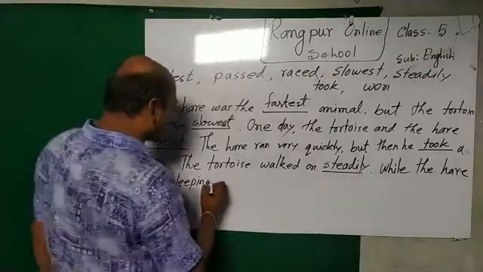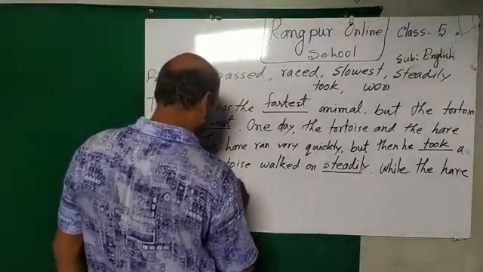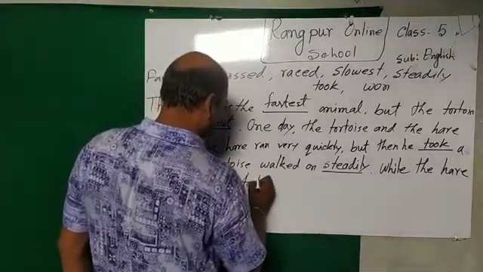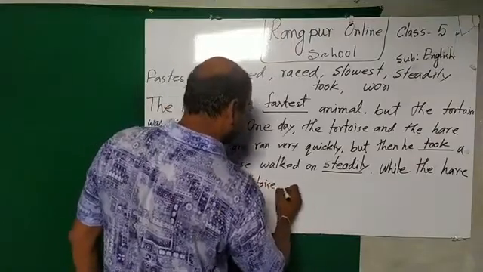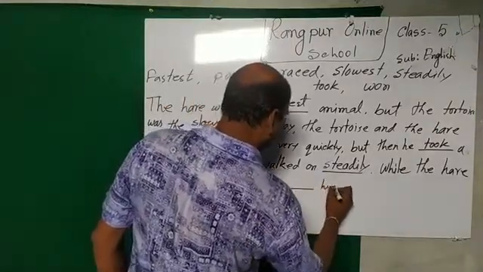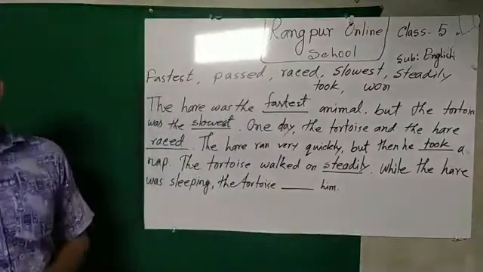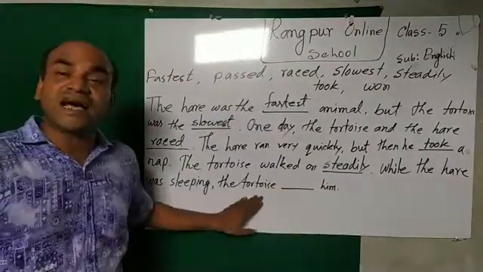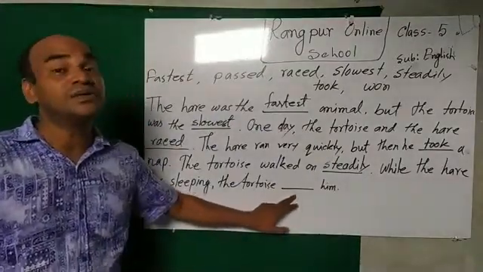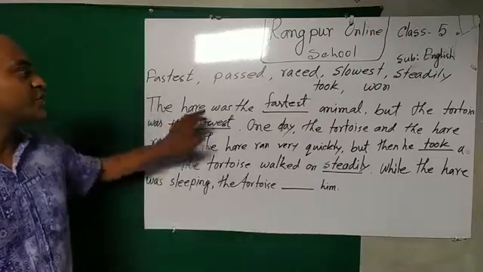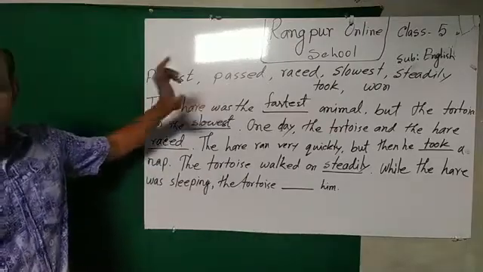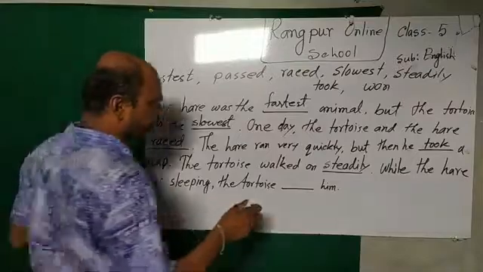The tortoise dash. The tortoise is the subject, and you need to have some verb. Which one will be here? Past. The tortoise passed him.